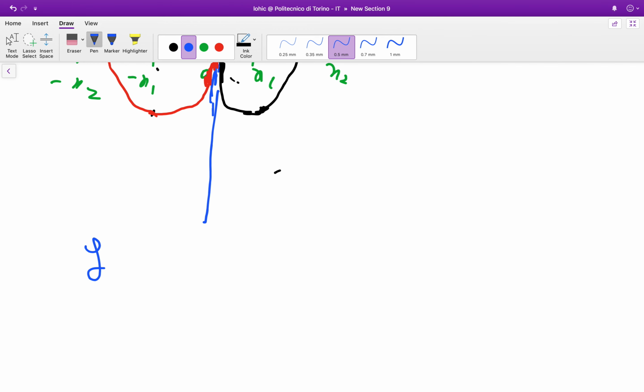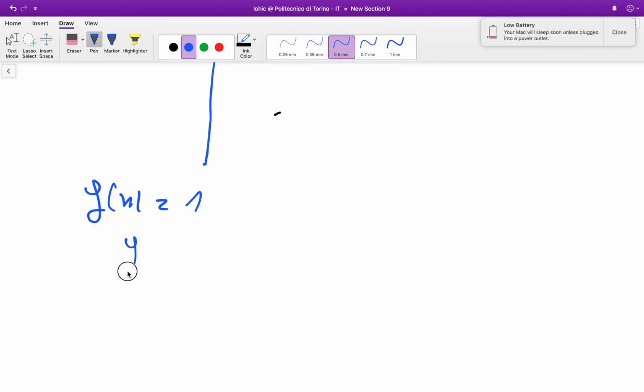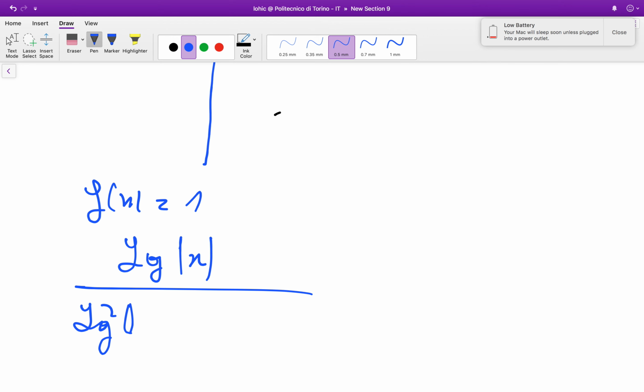So we need to solve g of x equal to 1, right? It means that we solve logarithm of absolute value of x divided by log square of absolute value of x minus the log of absolute value of x.